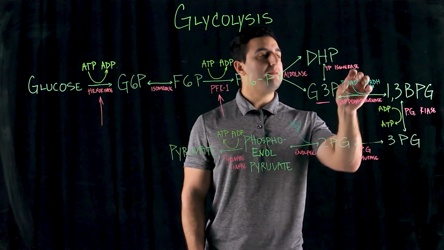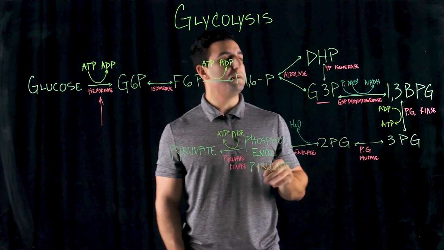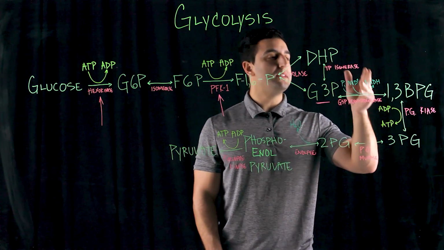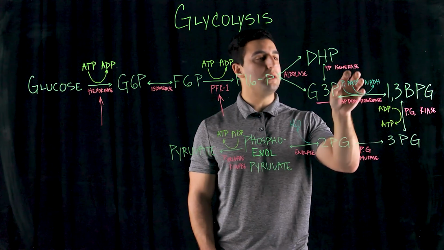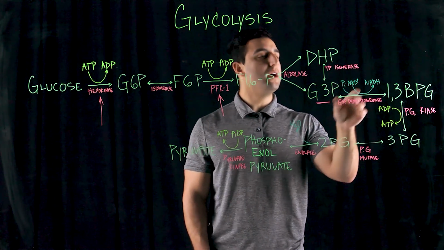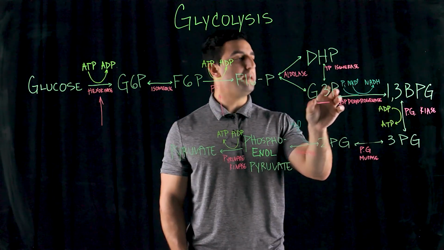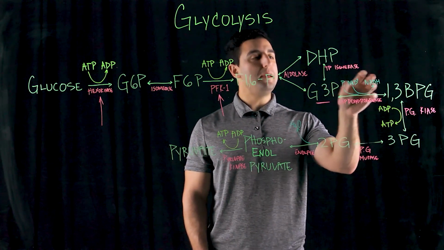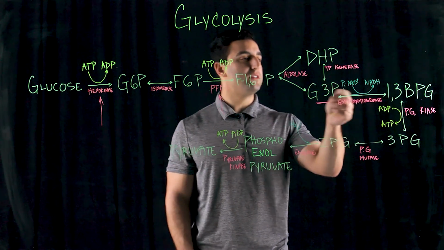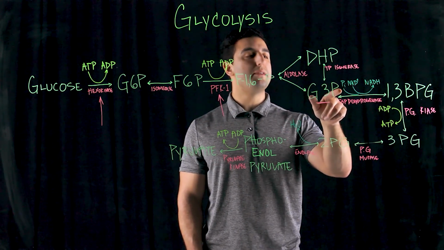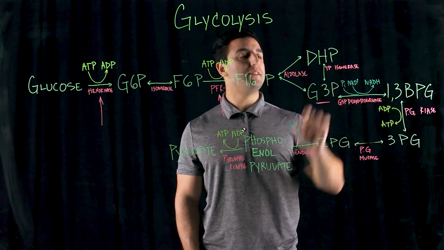Here we have a cofactor coming in, NAD+. NAD+ serves as a specific metabolite to remove a hydrogen from this G3P. So G3P becomes oxidized; it loses a hydrogen. And you can also see from this diagram that you have another phosphate group.